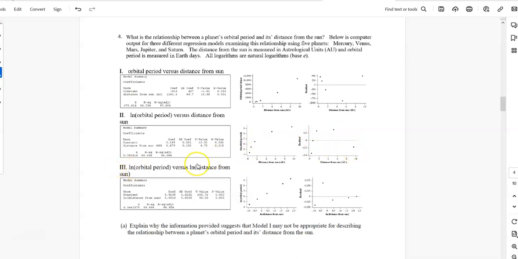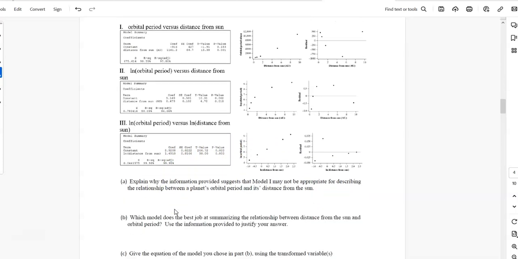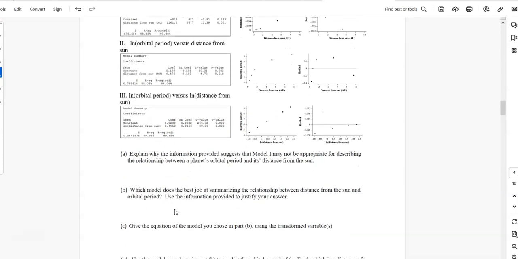But when we took the natural log of both x and y, the data looks somewhat linear, and the residual plot looks a little more scattered. It doesn't really have a pattern as much, or certainly not a curved pattern. It's better than the other ones anyway, and it looks like maybe the R value might be a little better there as well. If you can read that, boy, that's really small.